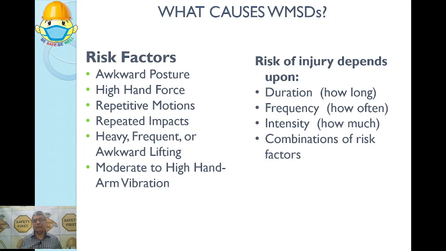Intensity means how much: if instead of a small hammer, you are using a very large, heavy hammer, the intensity will be high. Combination of risk factors means there can be a combination of all these risk factors we have mentioned: awkward posture, high hand force, repetitive motion, and so on.